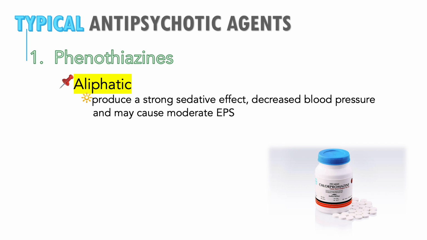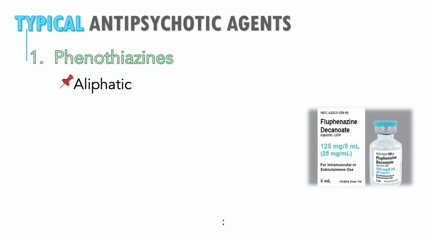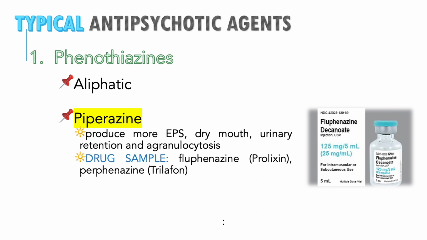An example of an aliphatic medication is chlorpromazine hydrochloride, Thorazine. Next, we have the piperazine. Piperazine produces more extrapyramidal symptoms, dry mouth, urinary retention, and agranulocytosis. Examples of this medication are fluphenazine and perphenazine.